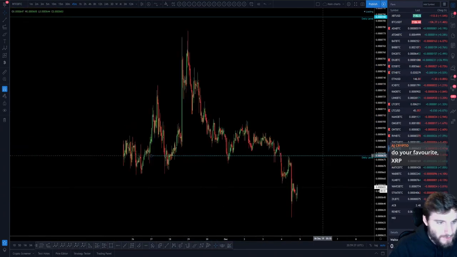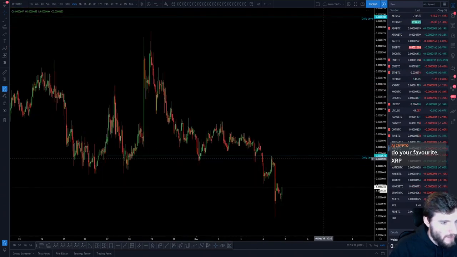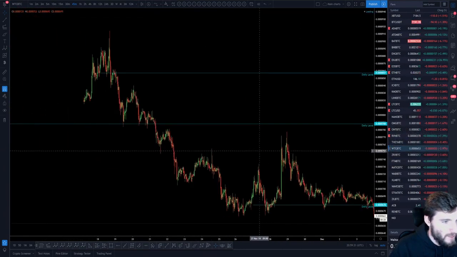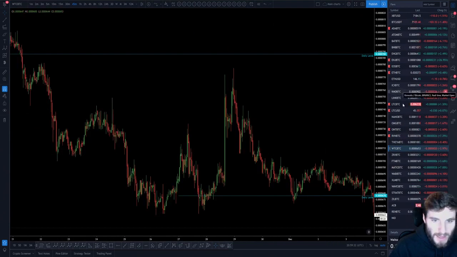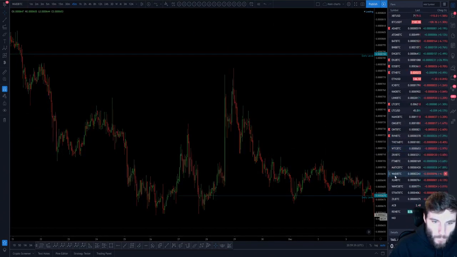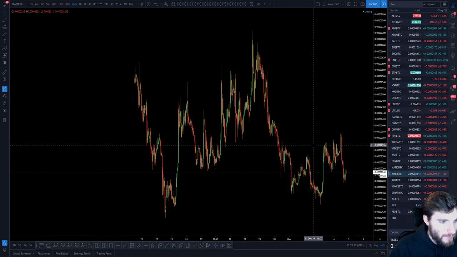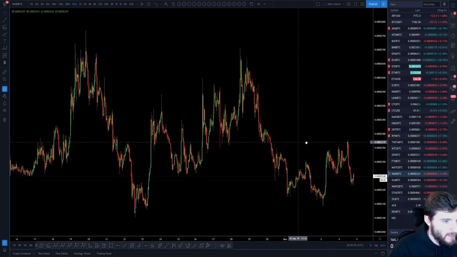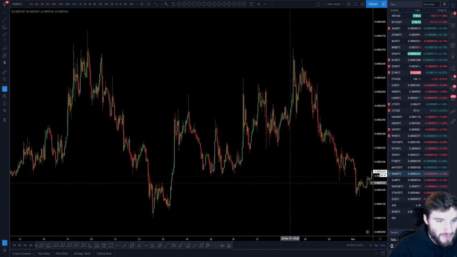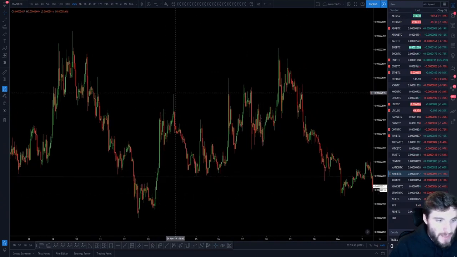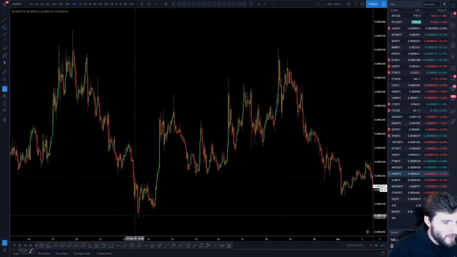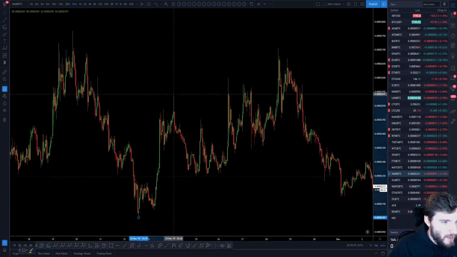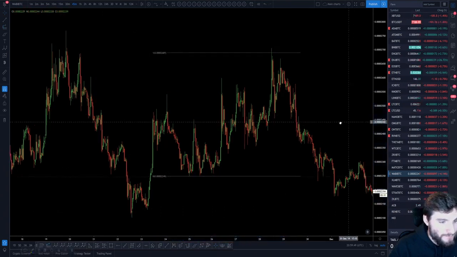Let's just keep going through some examples. So, yeah, that's not going to have any nice examples there. Let's take this impulsive structure here. When we saw that really big impulse to the upside, we can go from the low of it to the high, down to the low.